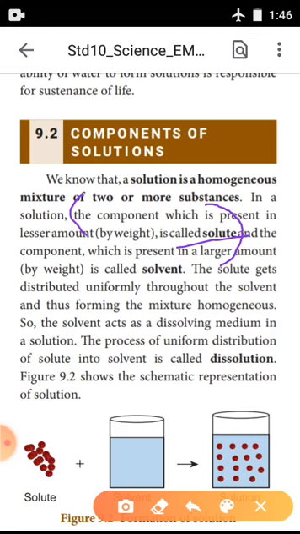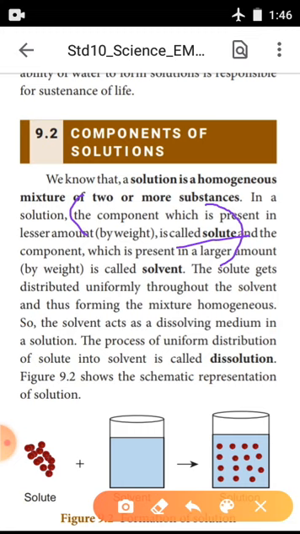These are lesser amounts. Lesser amount means here we have to compare the weight of a substance. If the weight of a substance is much lesser than the water, that is the solute particle. Then what is the nature of solute? Yes, very good. The nature of solute is solid.